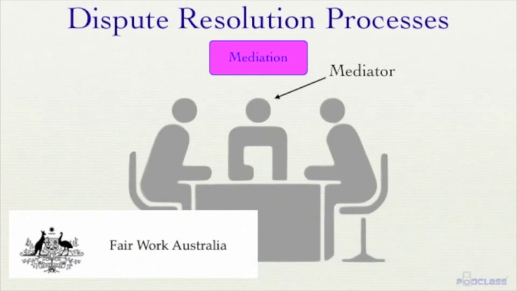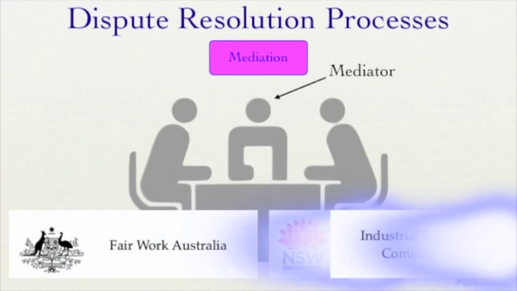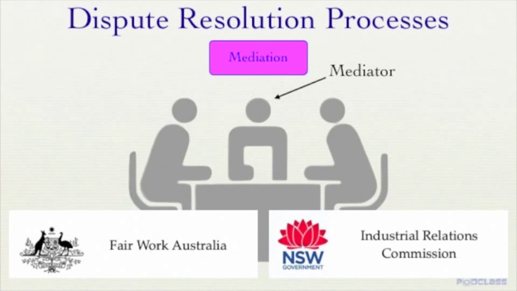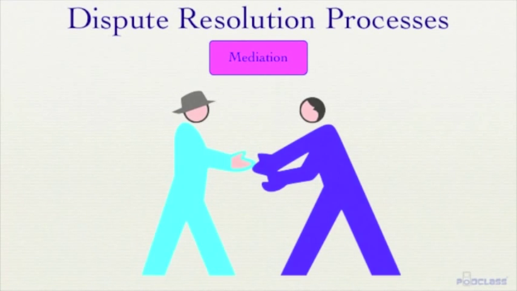Fair Work Australia and the New South Wales Industrial Relations Commission often act as mediators in employment relations disputes. The mediator helps to guide the discussion and helps both sides to listen to each other. However, the mediator does not impose a decision or make any judgment.